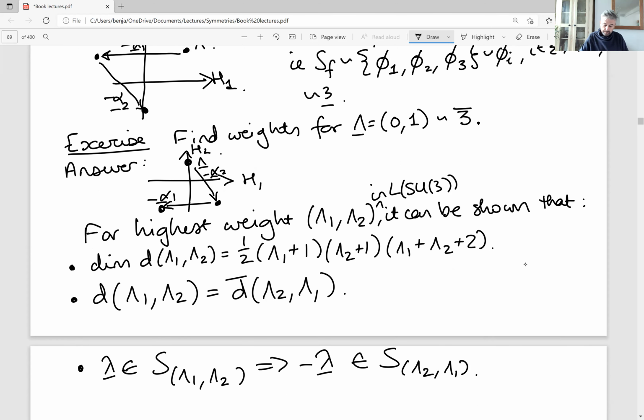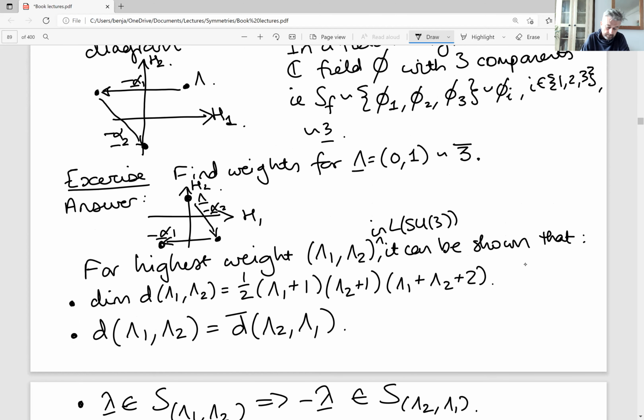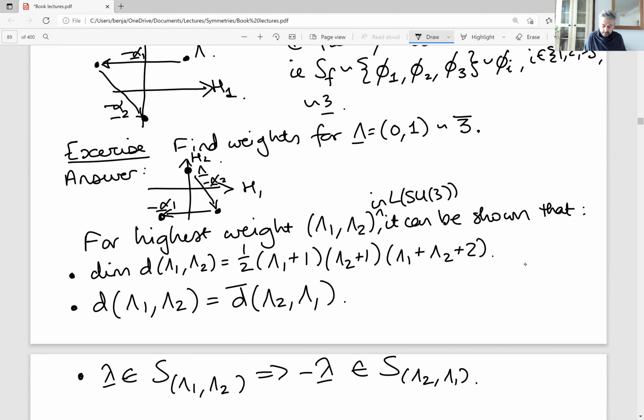Another thing we notice is exactly what I said before. If we reverse the axes, in other words, we take H2 to minus H2 and H1 to minus H1, we end up with this other diagram, and this is borne out by this third point here.